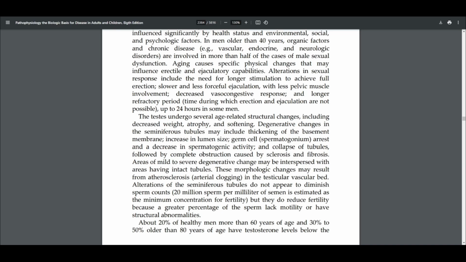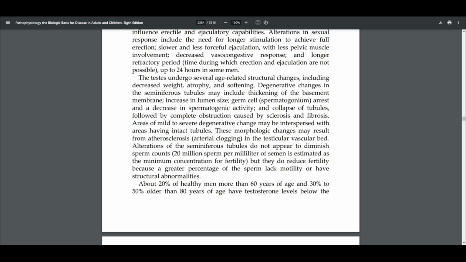The testes undergo several age-related structural changes, including decreased weight, atrophy, and softening. Degenerative changes in the seminiferous tubules may include thickening of the basement membrane, increase in lumen size, germ cell arrest, and a decrease in spermatogenic activity, and a collapse of tubules, followed by complete obstruction, caused by sclerosis and fibrosis.